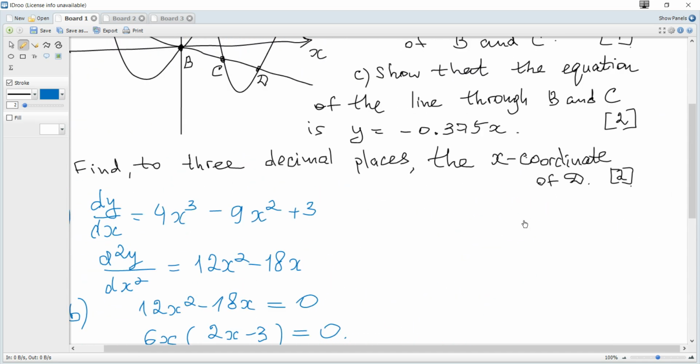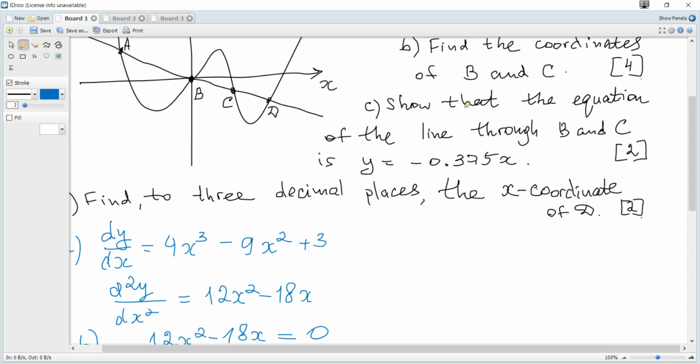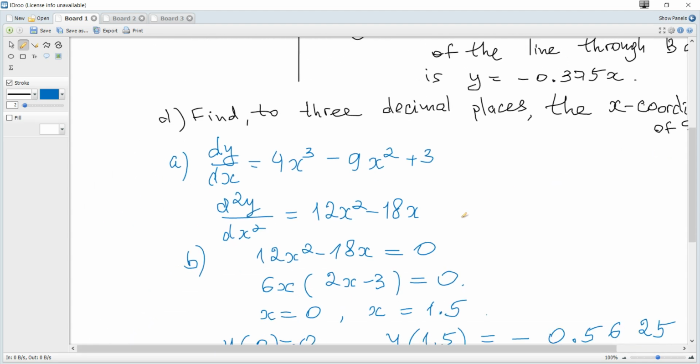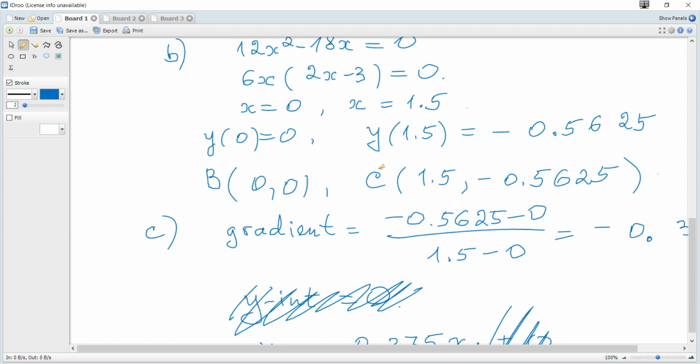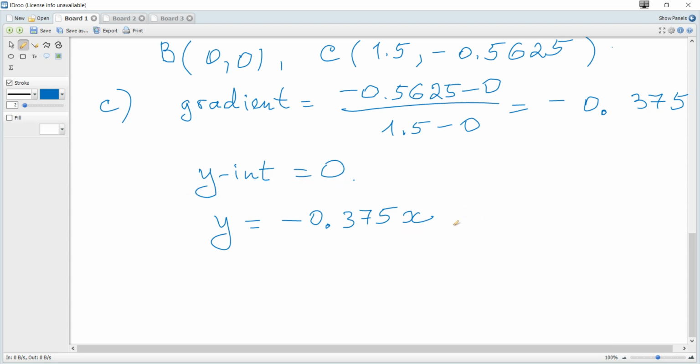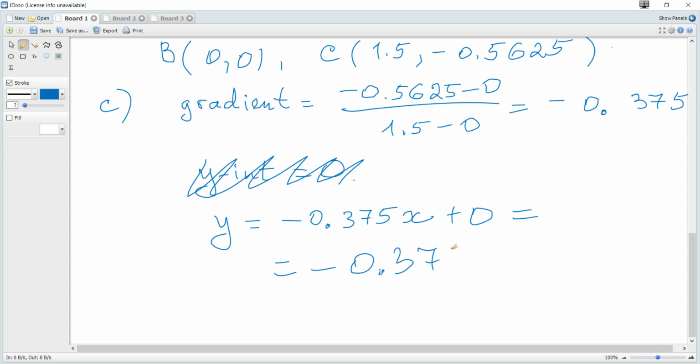Be aware, if the question is to show that, you cannot write the answer directly. It may be clear, but you should show it in detail. So you may write that the y-intercept is 0, and hence it's negative 0.375x as required.